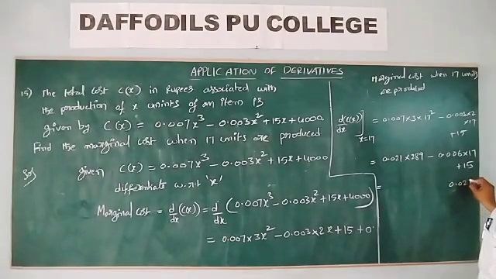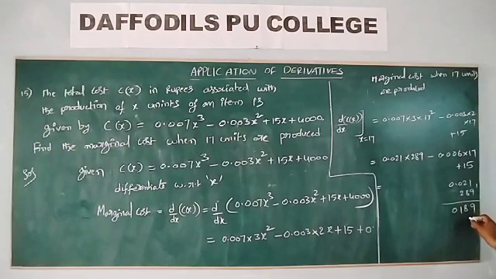Now 0.021 into 289: 9 ones are 9, 9 twos are 18; next 8 ones are 8, 8 twos are 16; next 2 ones are 2, 2 twos are 4.